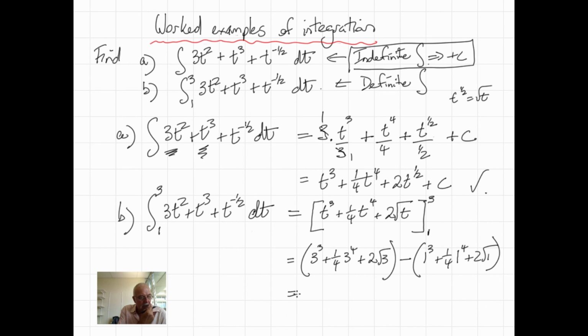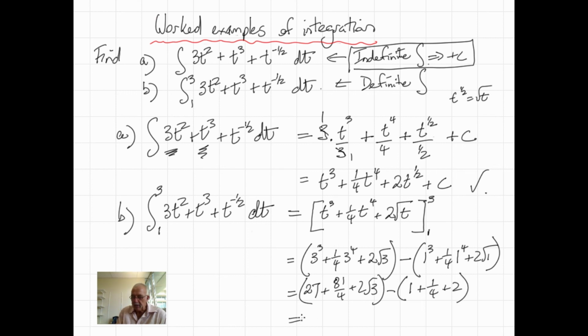Okay, when we work this out here, we get 9 times another 3 is 27, plus 3 to the power of 4 is 81 on 4, plus 2 root 3, minus, and this will be 1, plus a quarter, square root of 1 is 1, so plus 2.